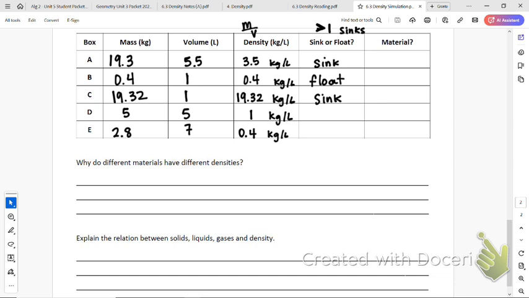What if it's 1? If it's 1, I feel like it floats because it's the same density. It's not greater. It just kind of floats. 0.4 floats.